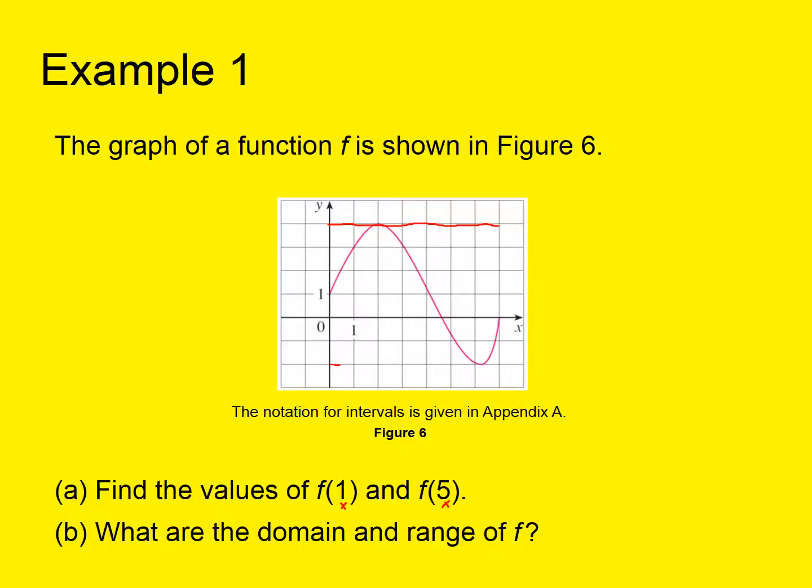So to do the domain and range question, we're going to draw a box around the graph, and it's going to be seen that the domain of the function roughly is left edge of the box to the right edge of the box, and the range will be bottom of the box to the top of the box.